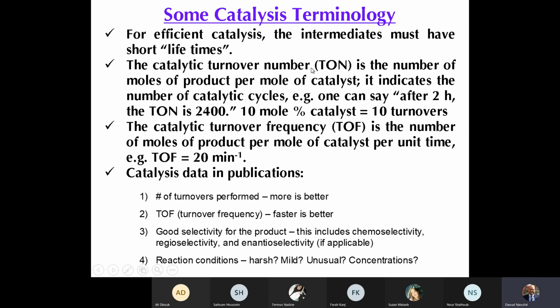So in organometallic reactions, we search to have a high turnover number. So the more turnovers performed, the better. The TOF, turnover frequency, faster is better. Good selectivity for the product. This is one of the most important problems in organometallic reactions.